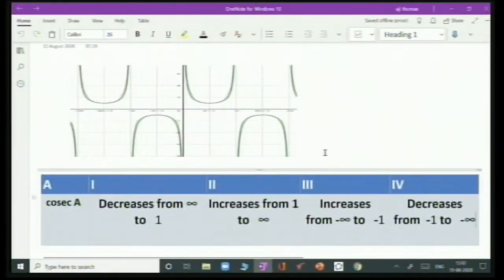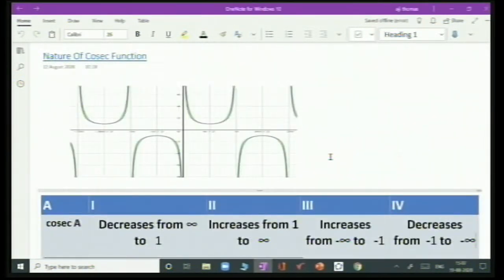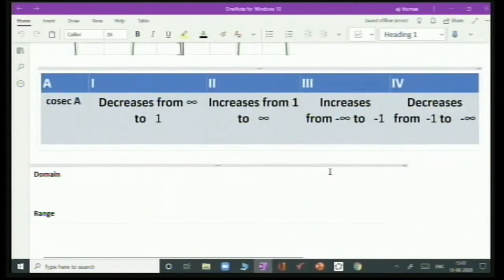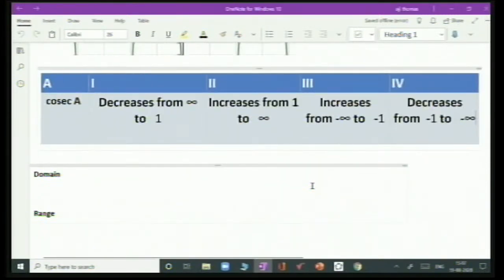From here, we can claim what the domain and the range are. We have discussed what domain and range mean for a function. Domain means the values at which the function is defined. What we have seen is that the function is defined for every real number except integral multiples of pi. So how are we going to write the domain of cosec x?